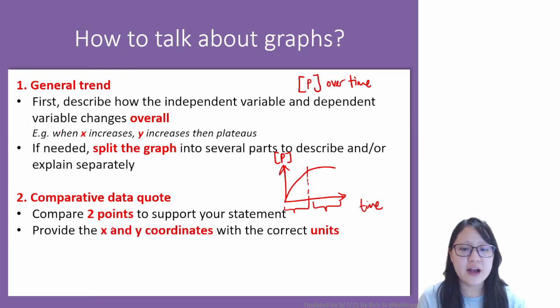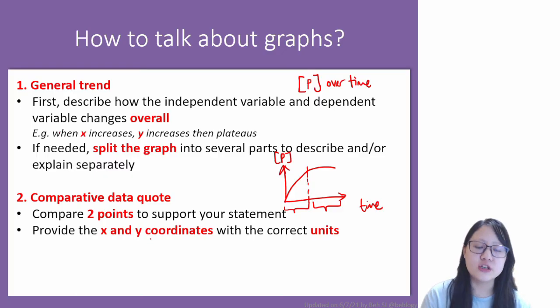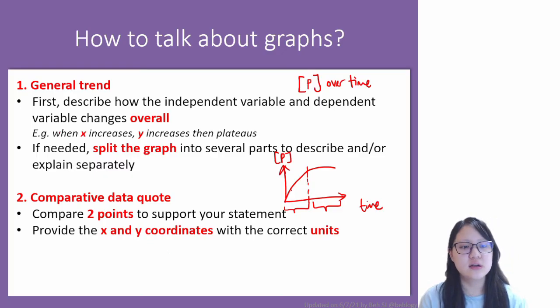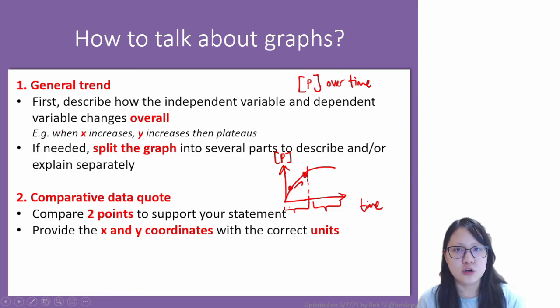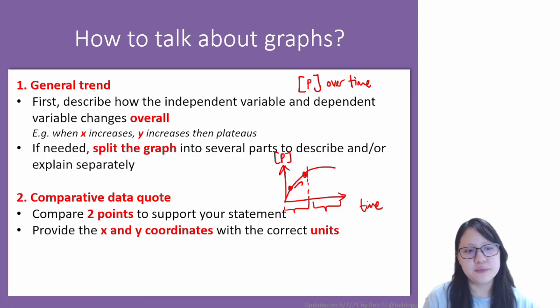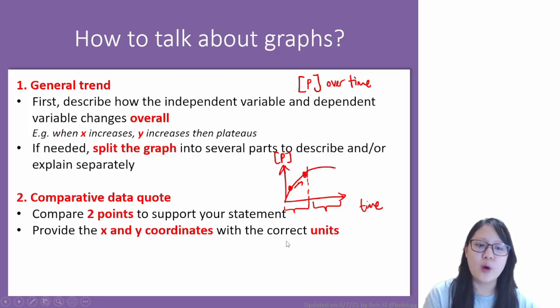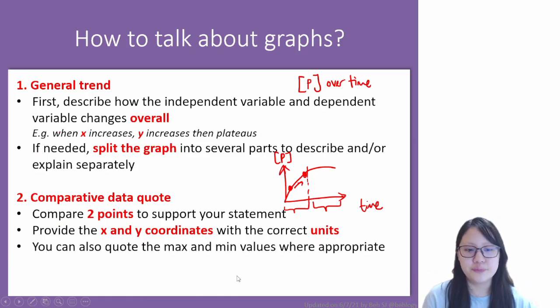You must provide both the x and y coordinates with the correct units. So maybe this point here and this point here, you compare between them and say it has increased by how many moles, for example, the correct units, over 10 minutes. So both the x and y coordinates, both concentration and time, are needed as a comparative data quote in this example.